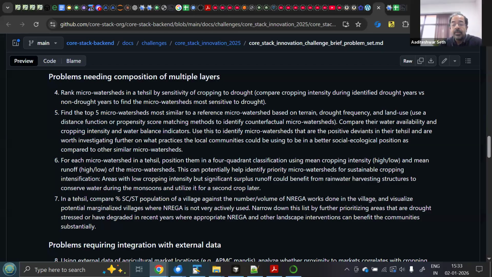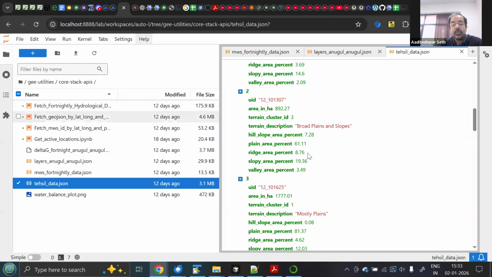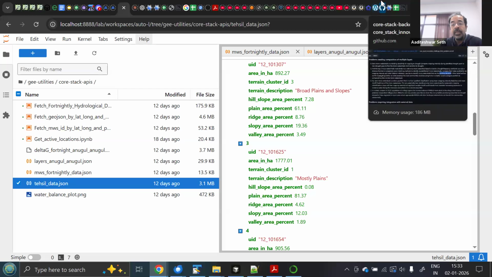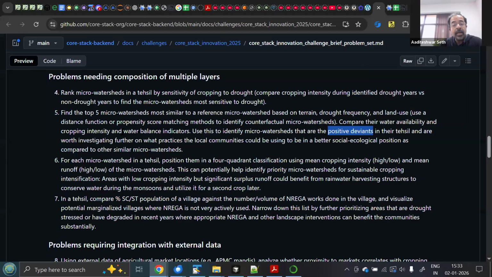Positive deviants meaning that, let's say, of all these plain microwatersheds, if you just do it on terrain, can we find which ones of them have a good water balance and also good water availability, and also high cropping intensity?